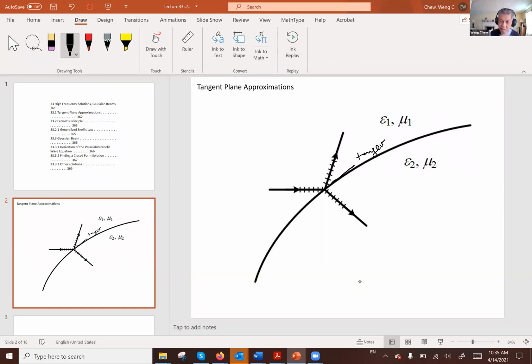And so when the frequency is high, you can make these tangent plane approximations. This is especially true when the wavelengths go to 0 and the frequency is high. Then you can apply what is called a local Snell's law, to assume that things are locally flat.